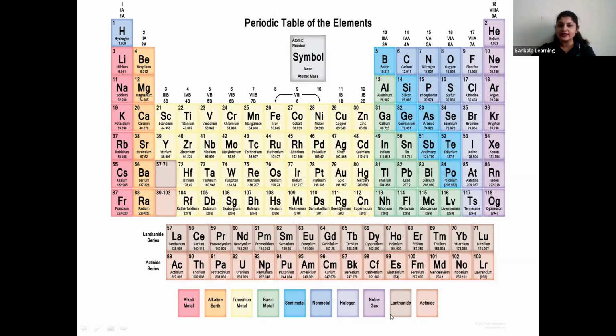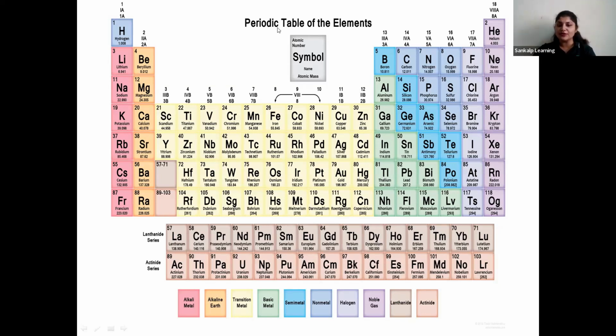What do you mean by periodicity? Periodicity means the properties of the elements, how they show similarities in increasing order or within groups.